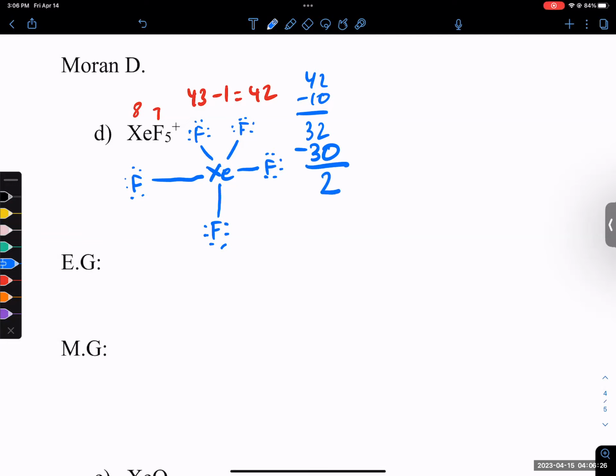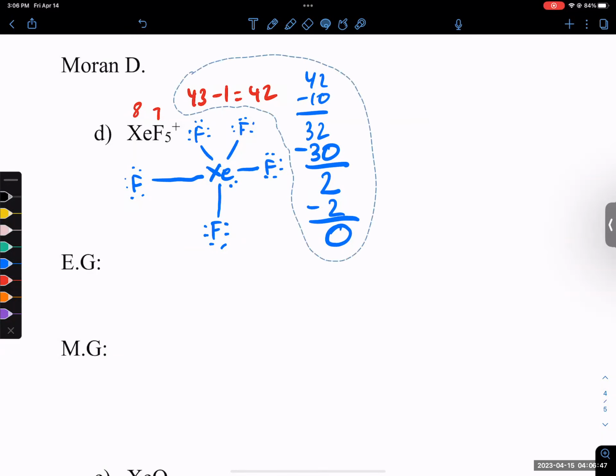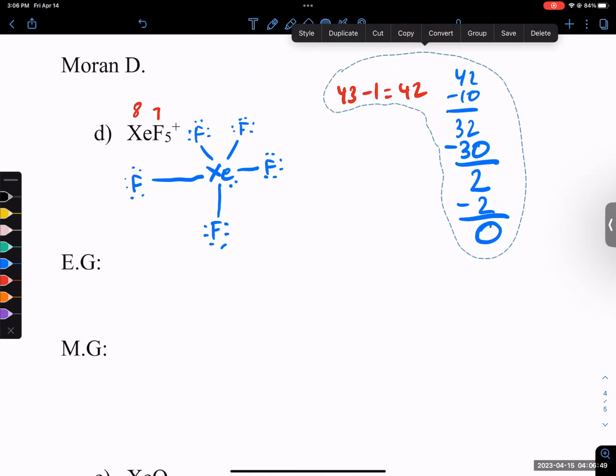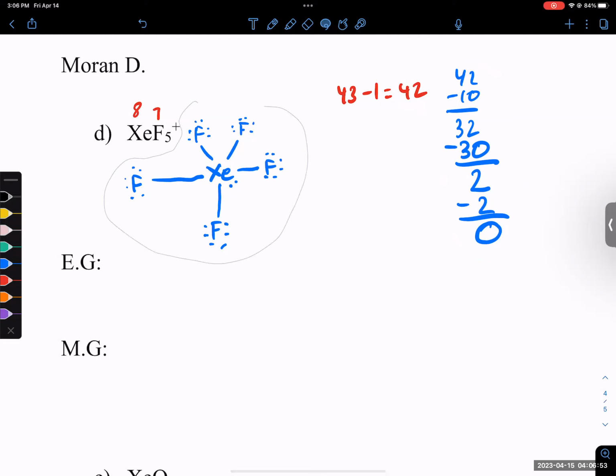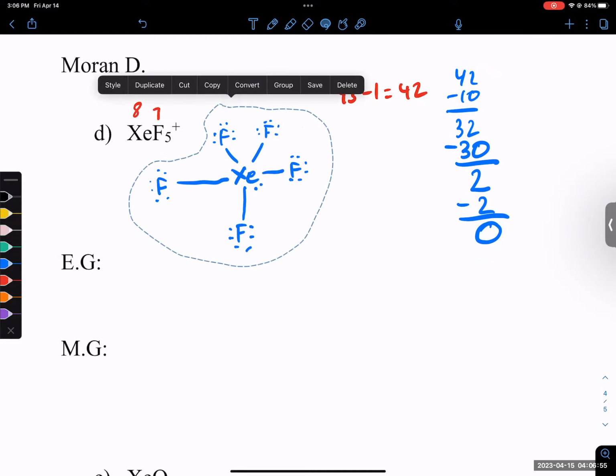Now, where do these 2 electrons go? Central atom, so on the xenon. So let's place them here. Then formal charge is 0, and we're done here, right? What else do we have to do?